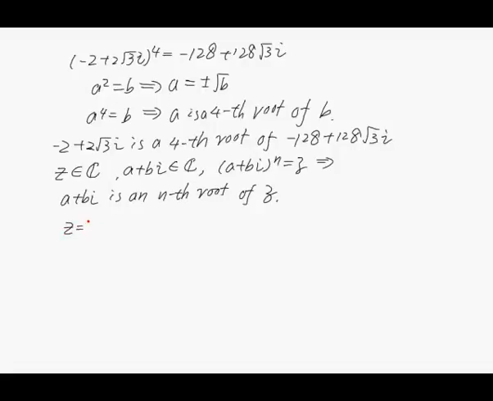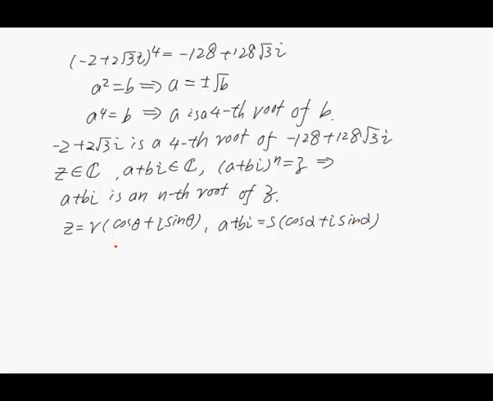So now, let me write this z in the trigonometric form. So z is equal to r times cosine theta plus i times sine theta. And also write this a plus bi in the trigonometric form. So it's equal to s times cosine alpha plus i times sine alpha.